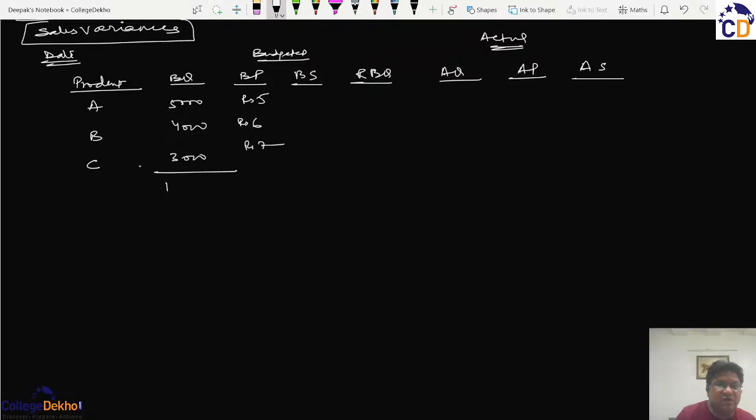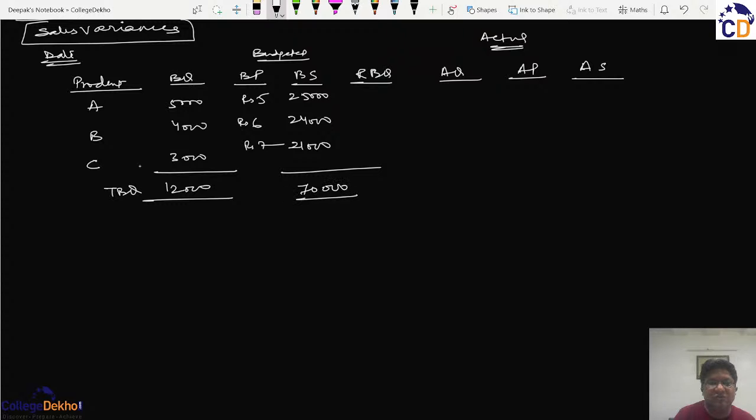So this figure of 12,000 denotes the total budgeted quantity, and therefore this shows 25,000 rupees, 24,000 rupees and 21,000 rupees. So if you arrive at that, this figure of 75,000 will be the total budgeted sales.